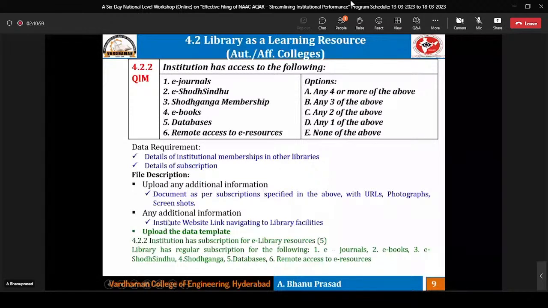So it has a data template 4.2.2, which is linked with 4.2.3, the expenditure. After that, we can discuss both of them.